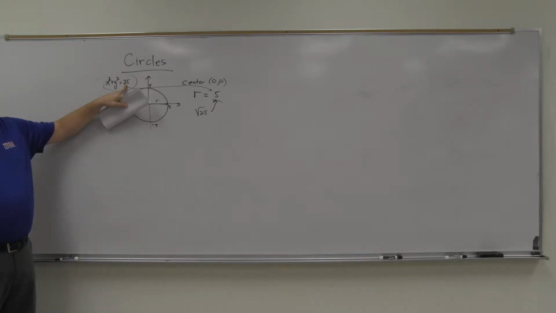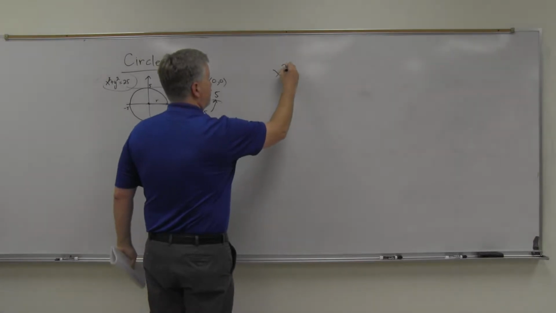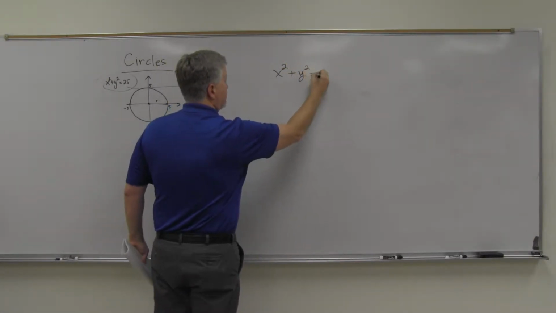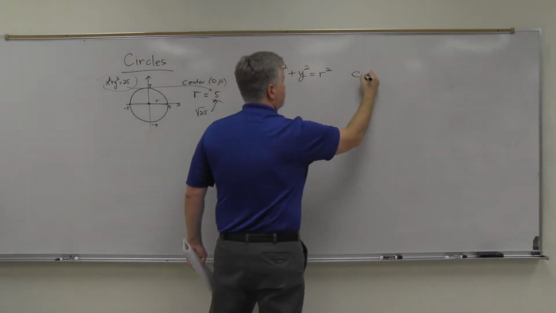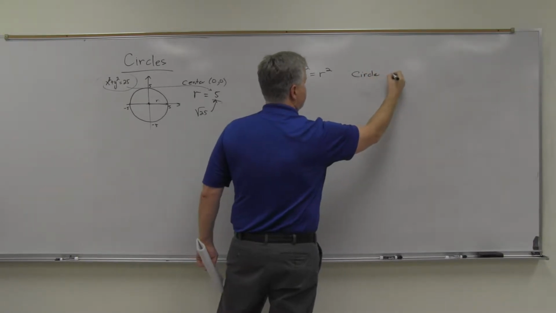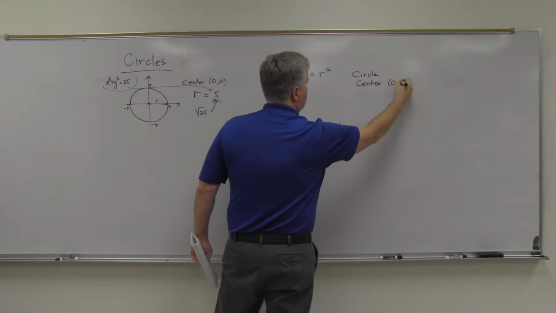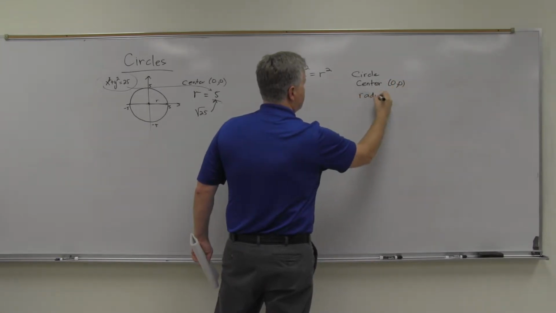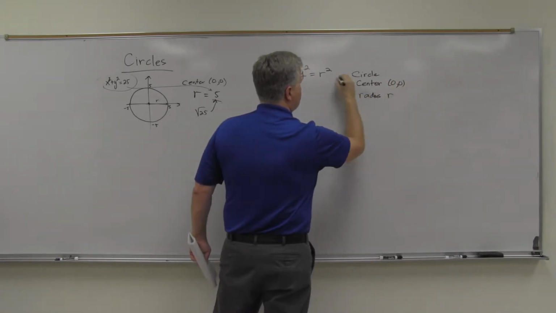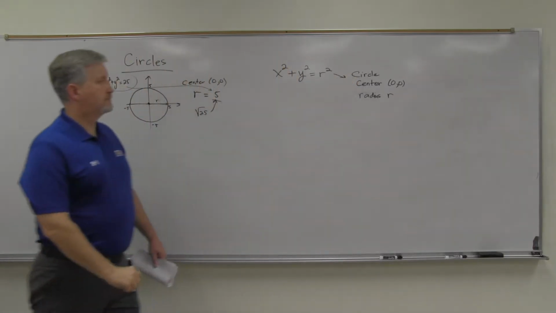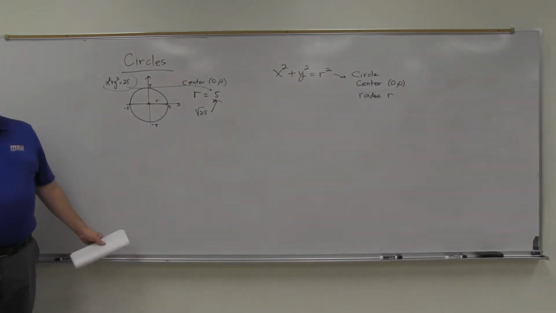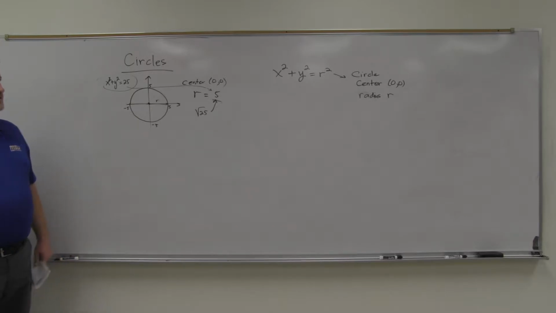And so for these circles that are centered at 0, 0, they typically write it in general, x squared plus y squared equals r squared. That's a circle. Center is 0, 0. Radius r. R squared, so square root that, you got your radius.